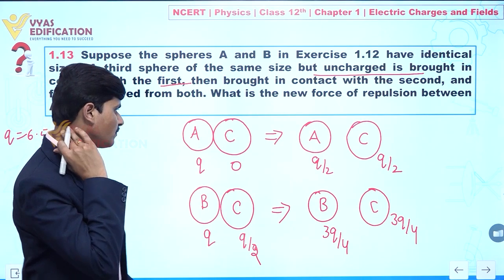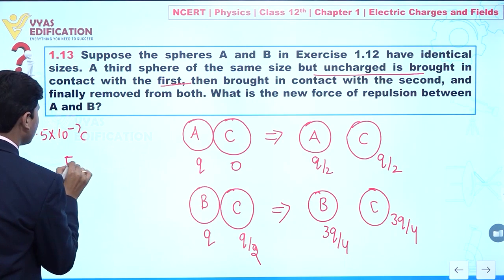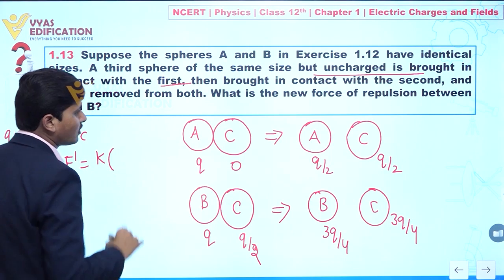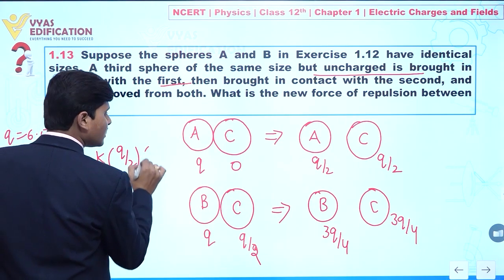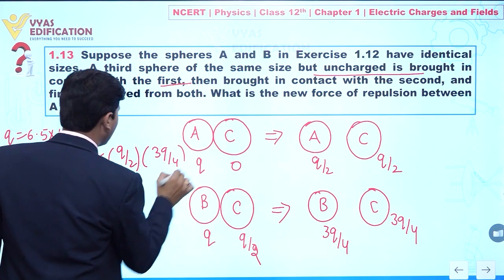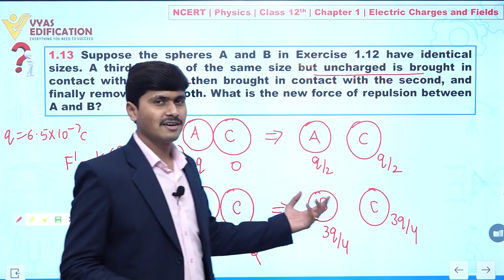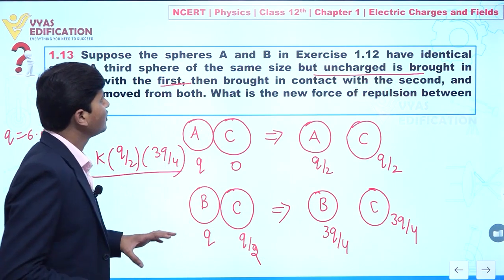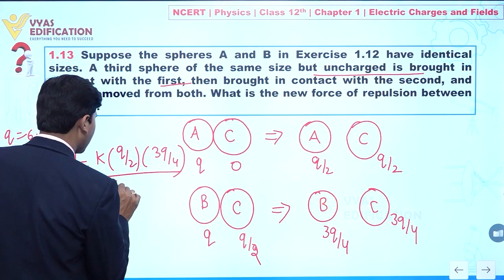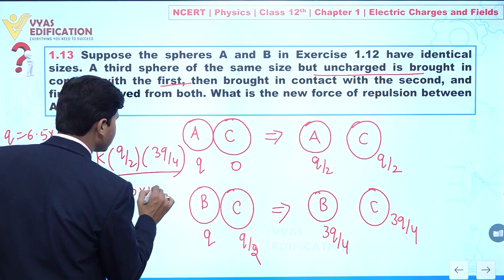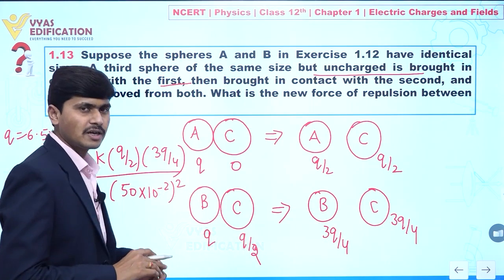Listen carefully. We can write the new force of repulsion as K times Q by 2 times 3Q by 4, divided by R square, clear. So R is given as 50 centimeter, so 50 into 10 to the power minus 2, whole square, clear to you.